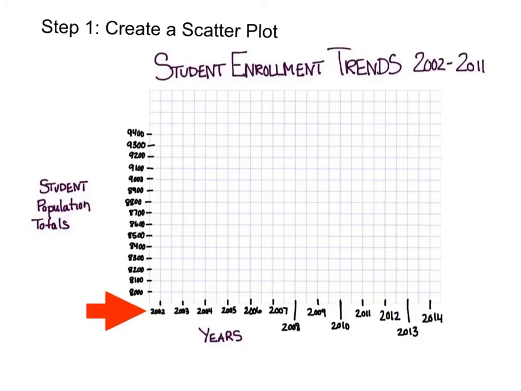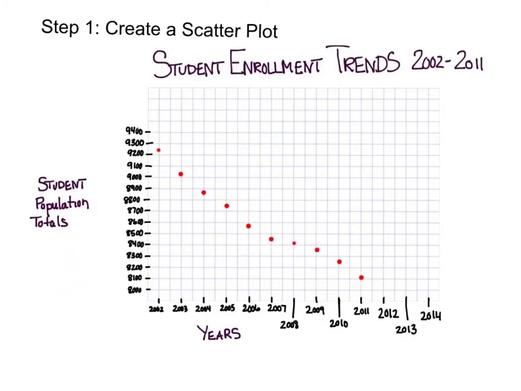The data that I have goes from 2002 to 2011, so I know that I'm going to be able to graph everything. Also, the data that I have begins around 8,000 for student population total, so that's where I began. It goes all the way up to 9,236, so I made sure that I went a little bit past that in both directions so that I could see what the trend of the data was and make some valid predictions.